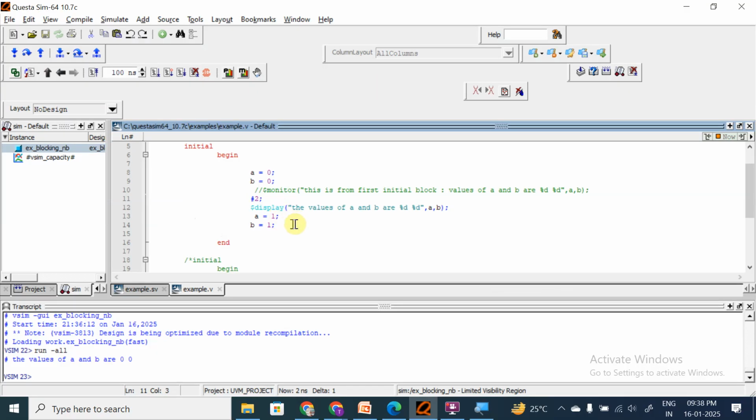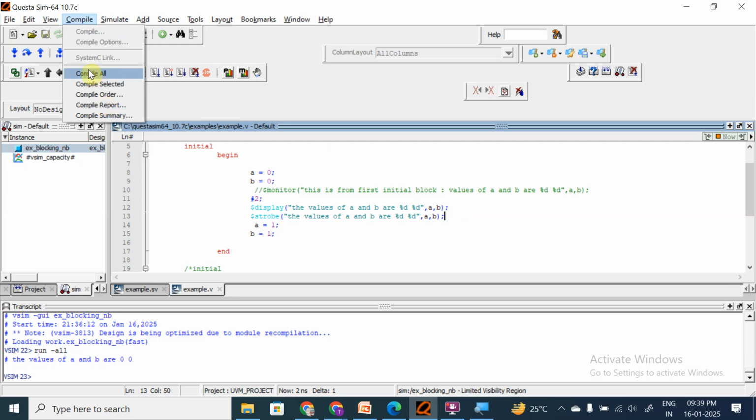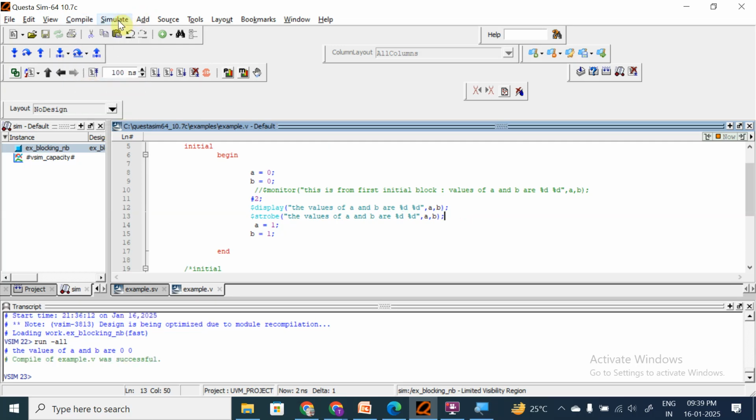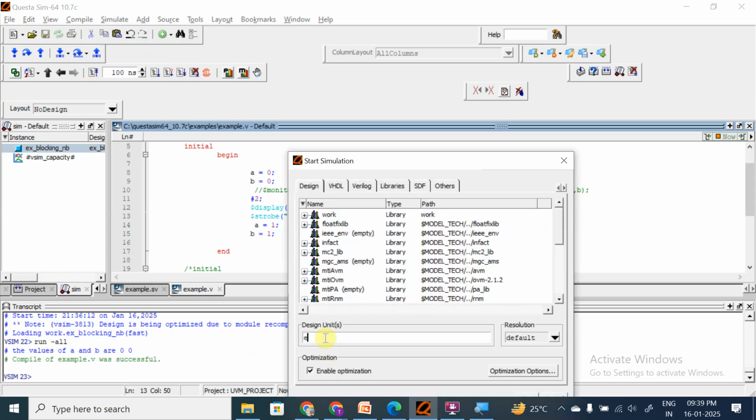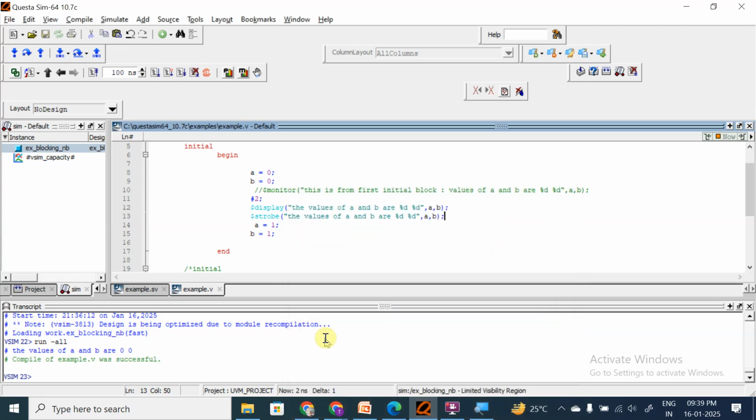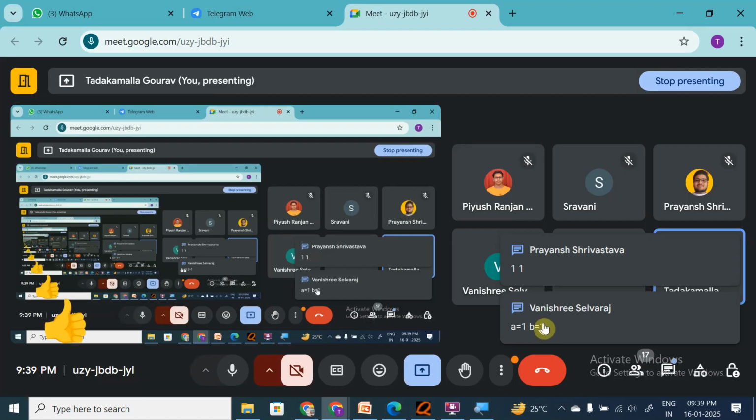Yes. And let us take the example of $strobe here. So what may be my values of A and B? Any guess? One.